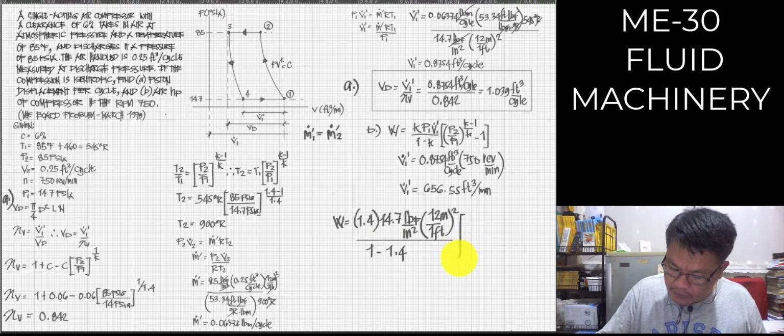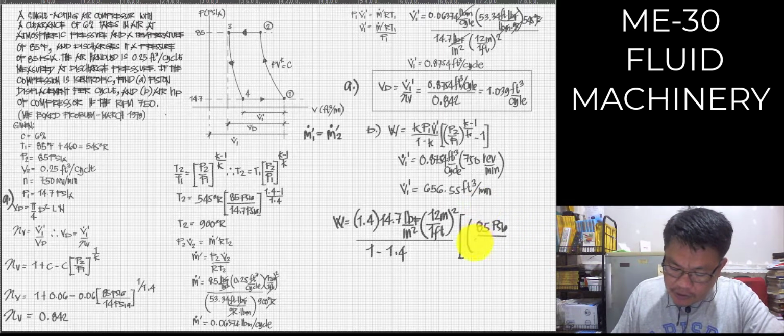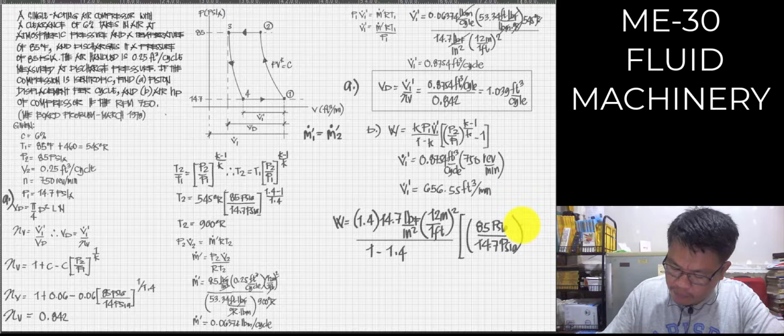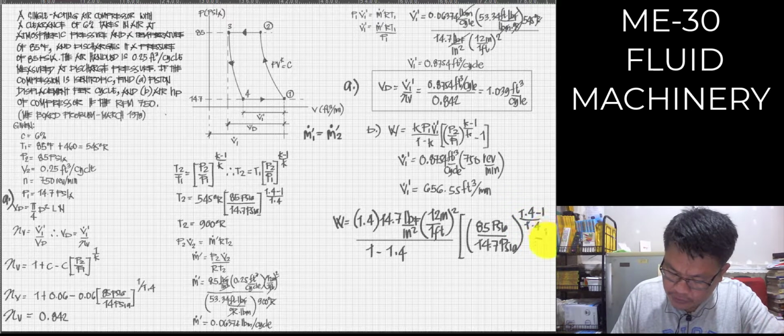Then multiply by the quantity P2, which is 85 psi absolute, divided by P1, which is 14.7 psi absolute, raised to 1.4 minus 1 divided by 1.4, minus 1, close parenthesis.